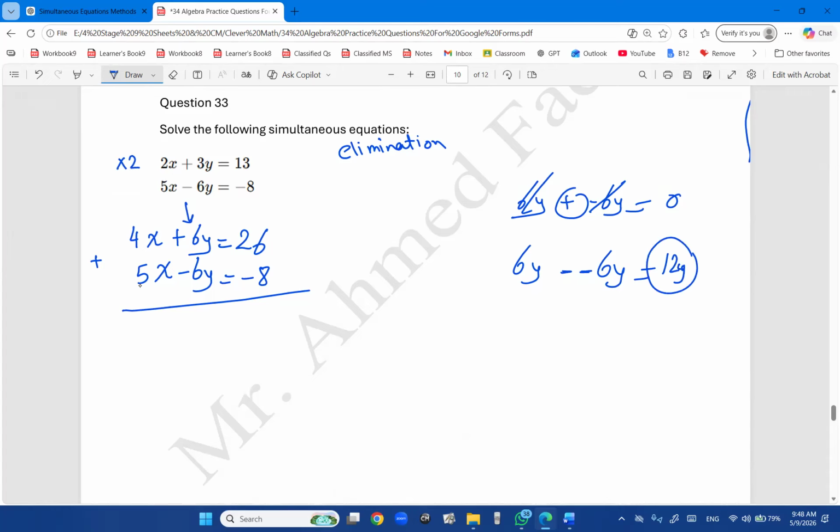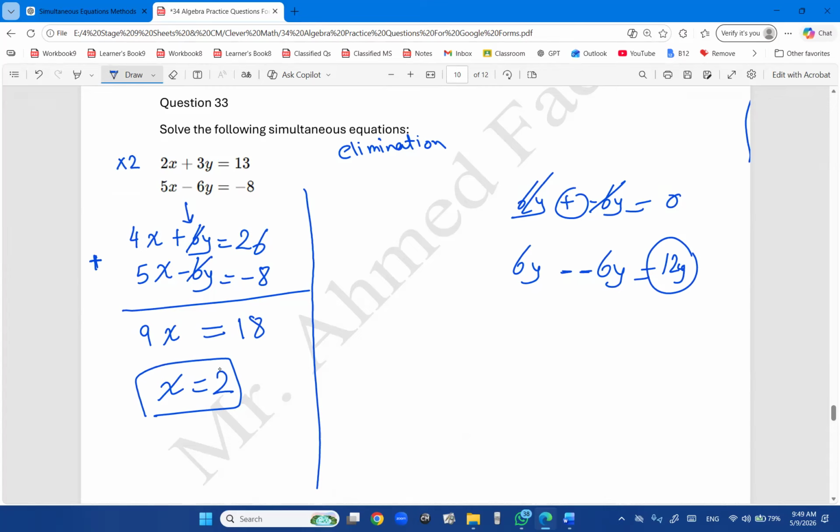So let's start now through addition, which will help us eliminate. 4x plus 5x is 9x. 6y plus negative 6y, bye-bye. 26 plus negative 8, which means 26 minus 8, is going to give you exactly 18. So x equals 18 divided by 9, which is just 2.